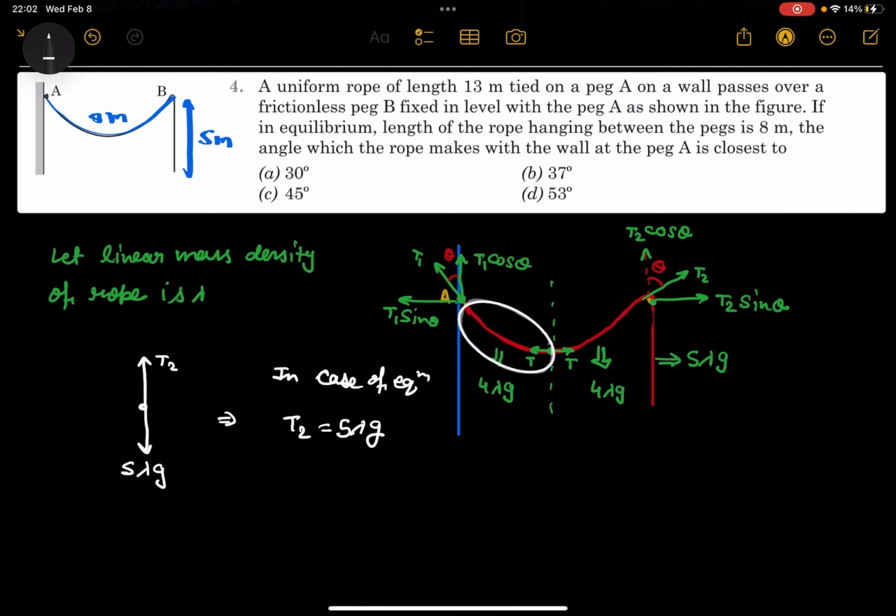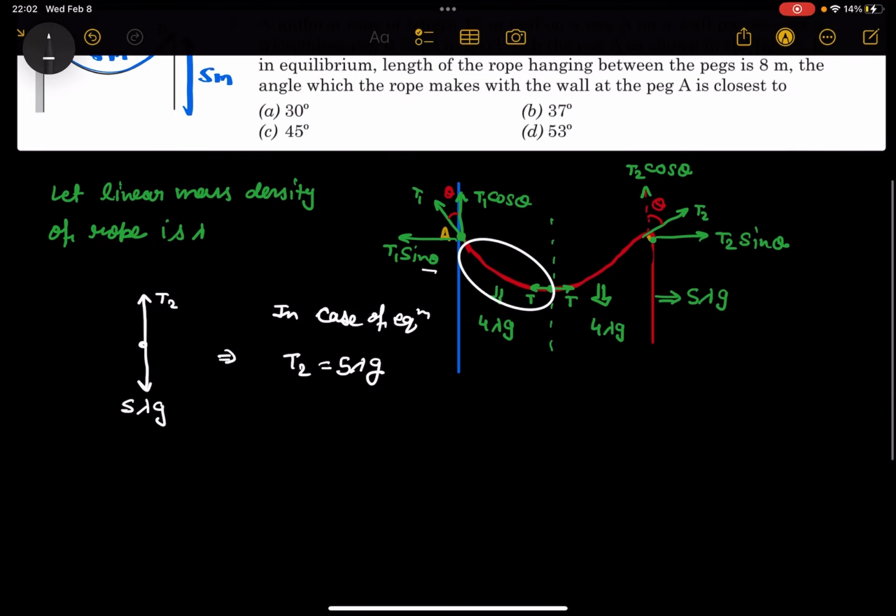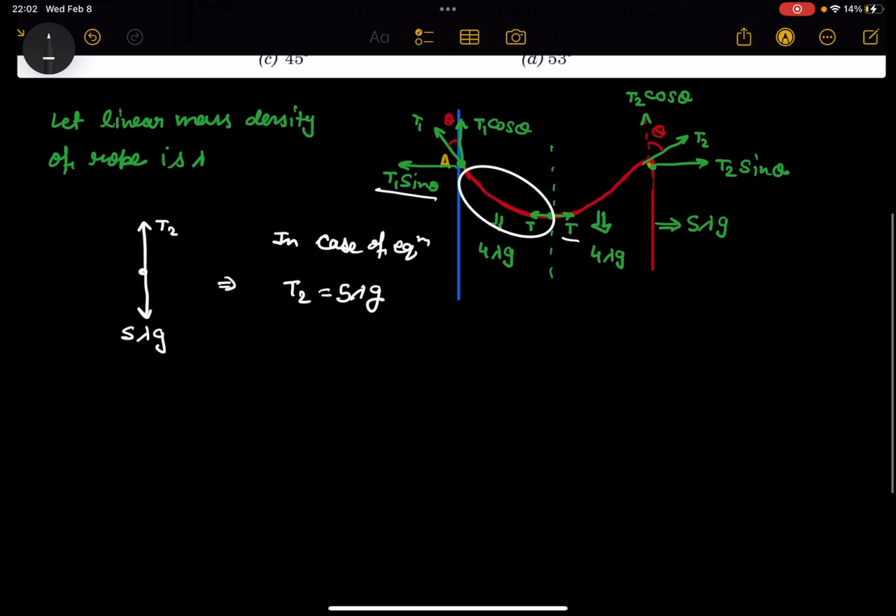If you consider this half of the part, which is in equilibrium, we can say that T1 sin theta, which is acting in this direction, is balanced by the tension T acting in this direction.